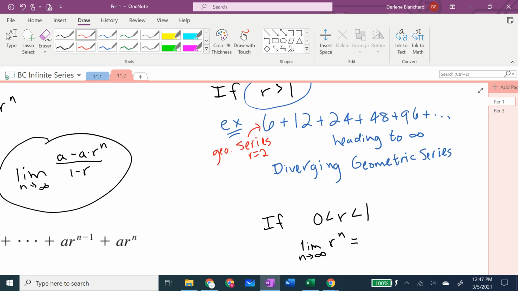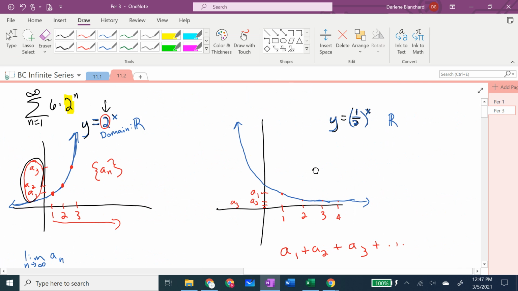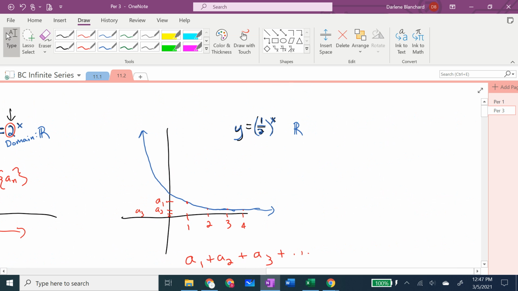If you have a number between 0 and 1, and you're looking at the limit as n approaches infinity, what I want you to recognize is that is looking at exponential decay and only the terms of the exponential decay. 1/2 to the n. If I am looking at 1/2 to the power of n, then these are the individual terms.